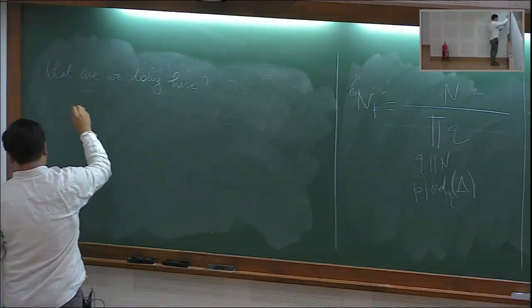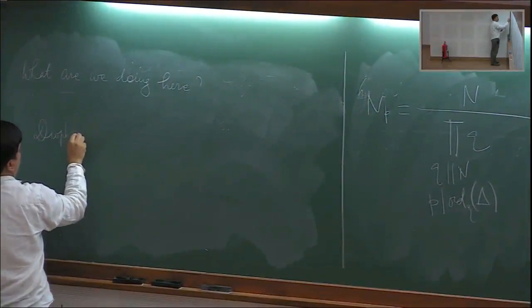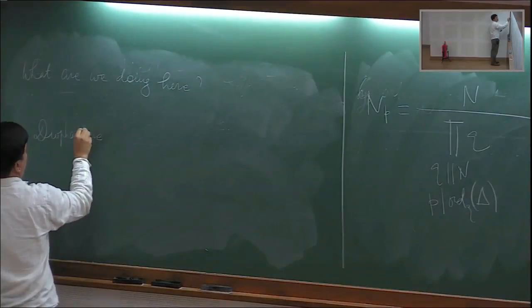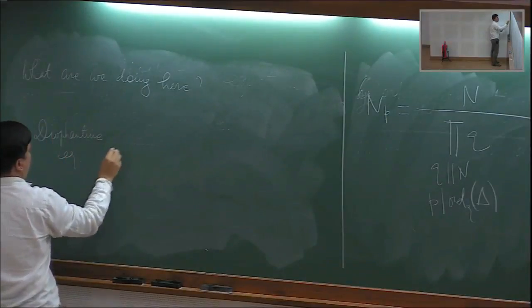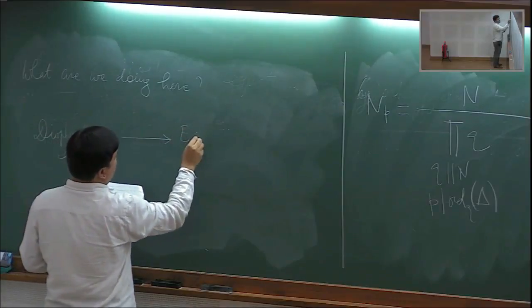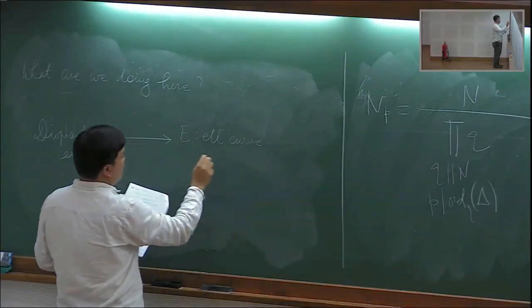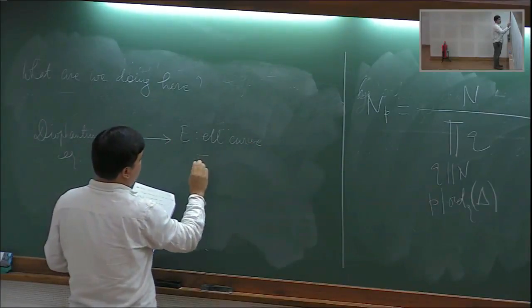I have a Diophantine equation, and to this I associate an elliptic curve, usually known as a Frey curve.